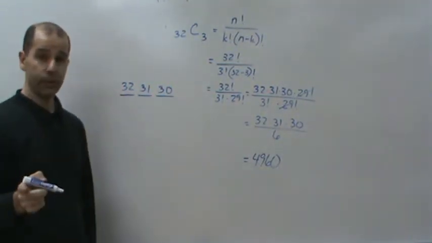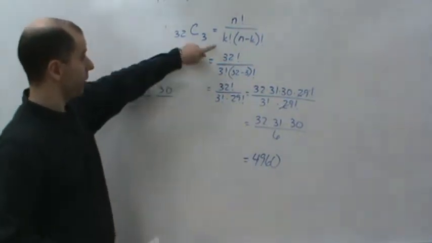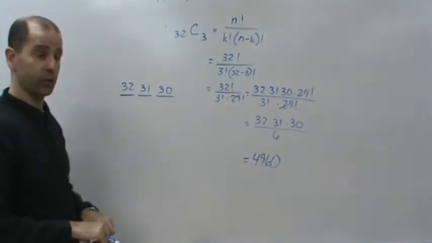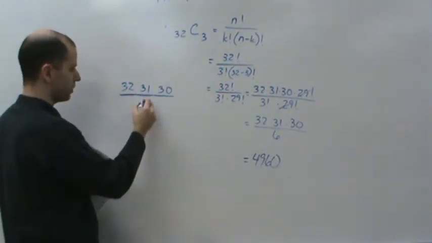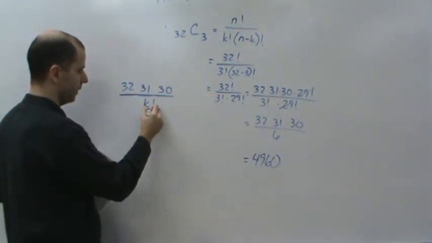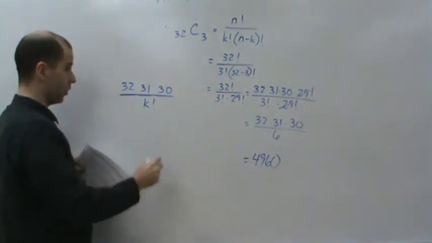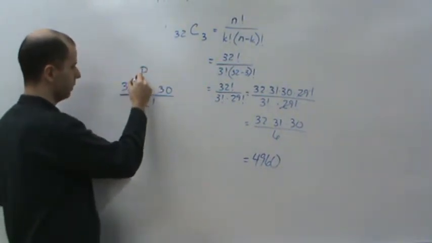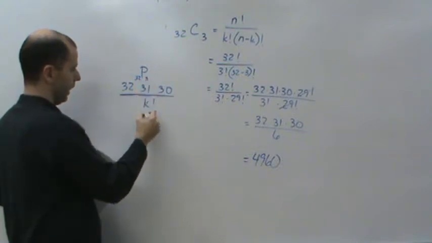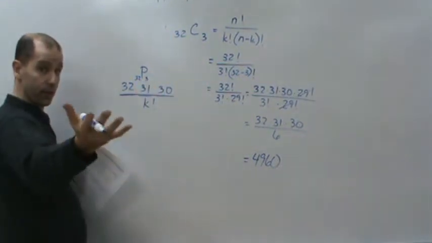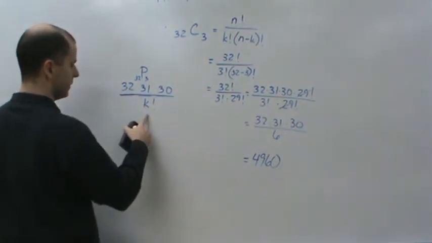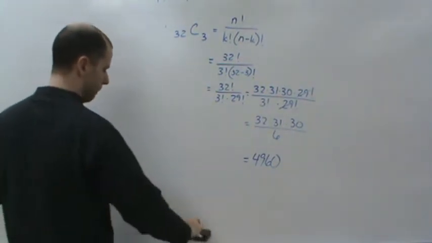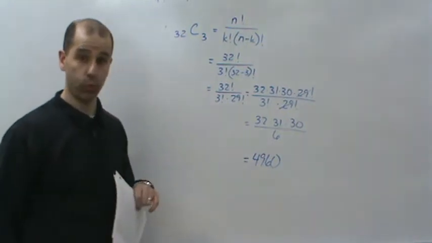Well, the only difference is, remember, this piece that we're dividing by. So what I would do is just use the same technique and then just divide by k factorial. So just use the permutation and then just divide by k factorial. That's another option you can do. Okay? So in this case here, it would just be 6, right? So you can do that, but again, the formula always works.